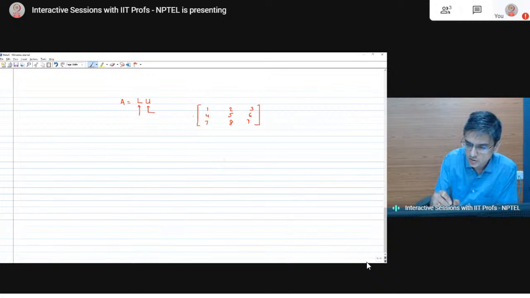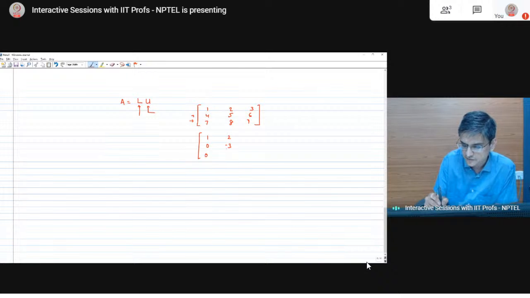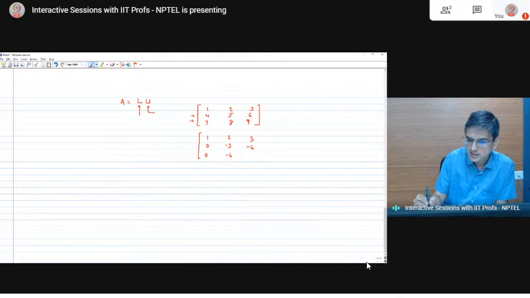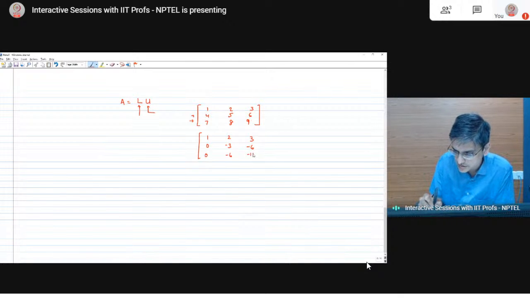In order to make 0 in the first pivot column, you're going to have 1 2 3, then 0, 5 minus 8 is -3, 8 minus 14 is minus 6, 6 minus 12 is minus 6, and 9 minus 21 is minus 12.